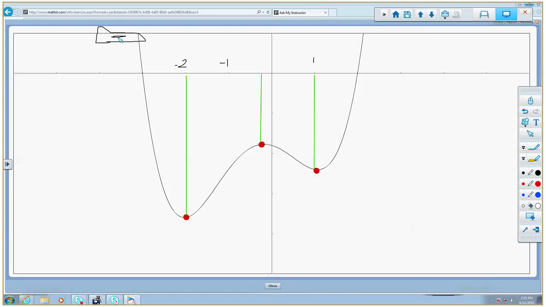So, decreasing from negative infinity to -2, increasing from -2 to negative 0.25, whatever that is, decreasing from negative 0.25 to 1, increasing from 1 to infinity. The increasing and decreasing is what the plane is doing, and you tell what the plane is doing by where it is going along the x-axis.